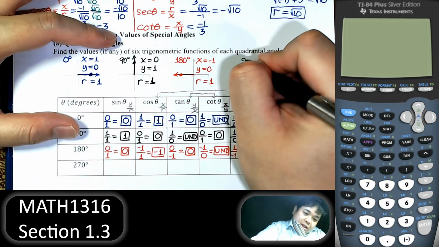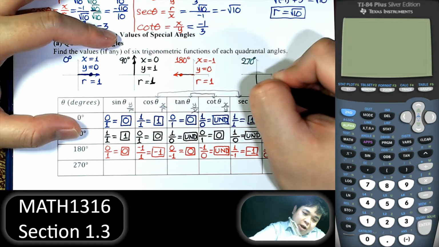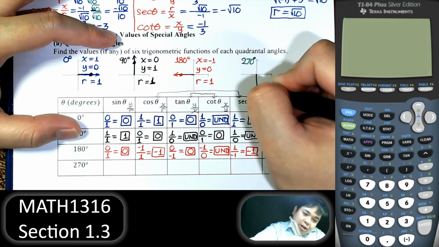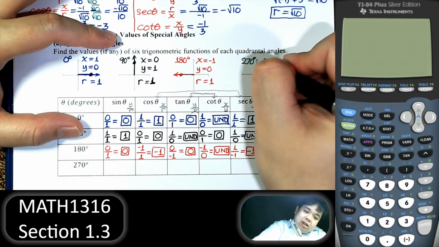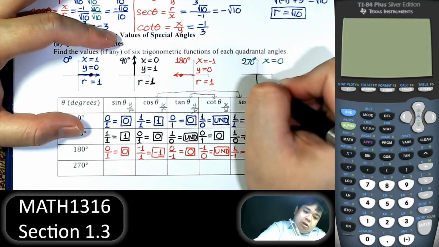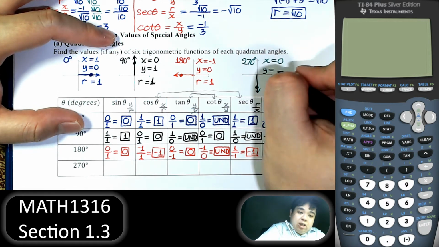Now 270 degrees is the negative y-axis. That's the terminal ray. Pick a point here. X is going to be 0 and y we choose something negative.